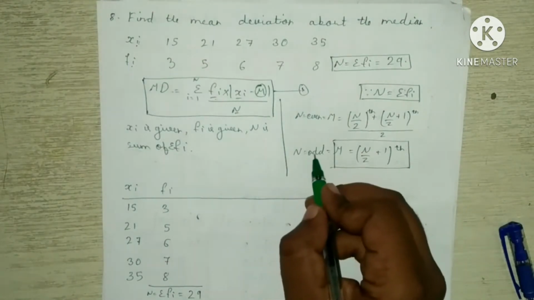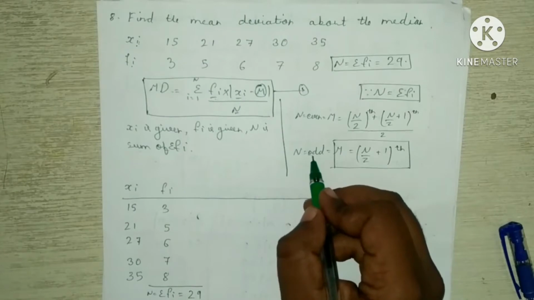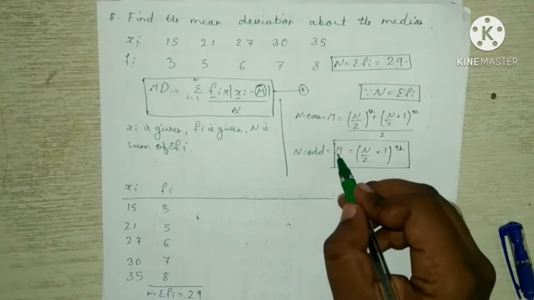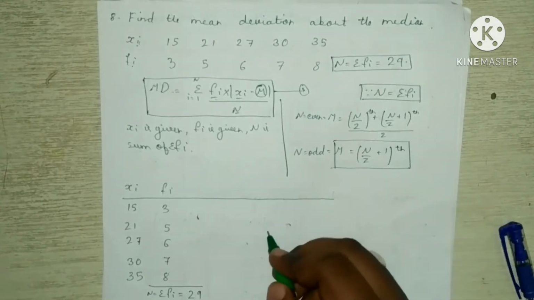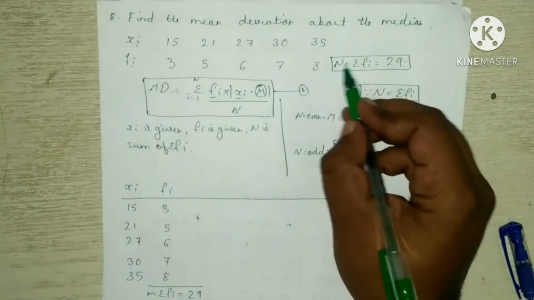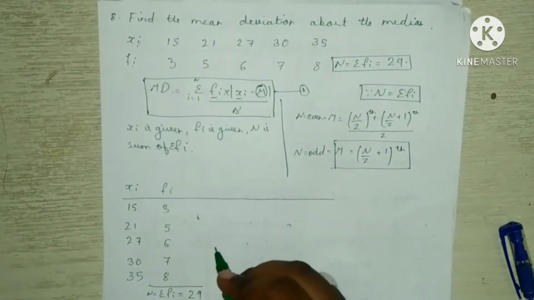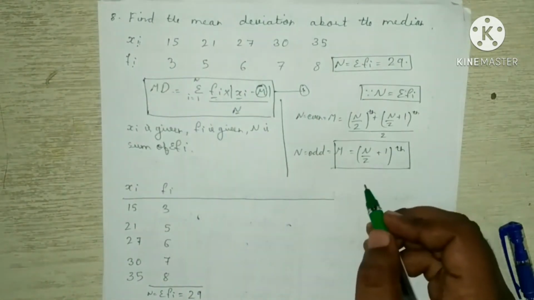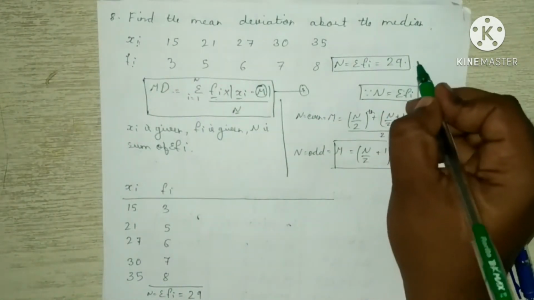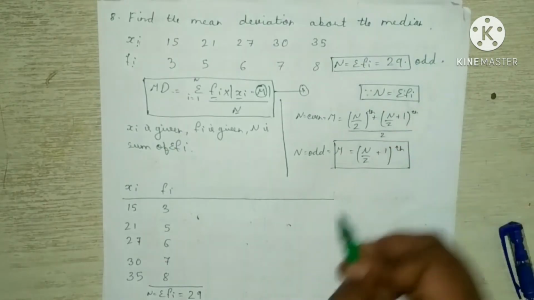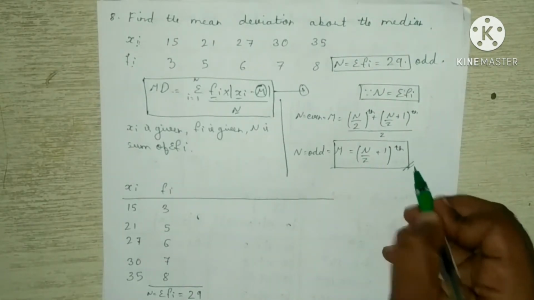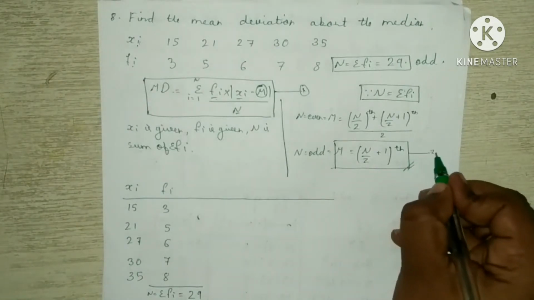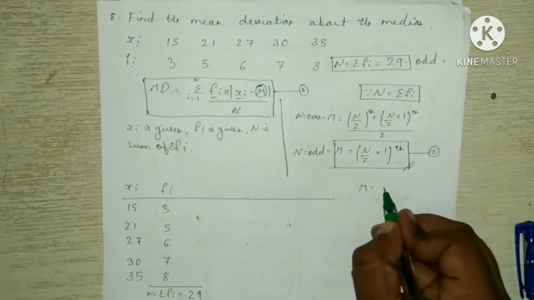When n is odd, let n be 5, the median is the (n plus 1) by 2 th term. Here n is equal to 29 by adding all the frequencies, and 29 is an odd number, so we need to use this formula. Let this formula be equation number 2.